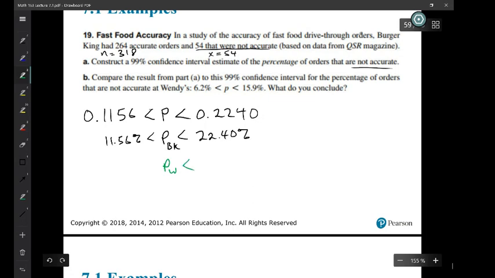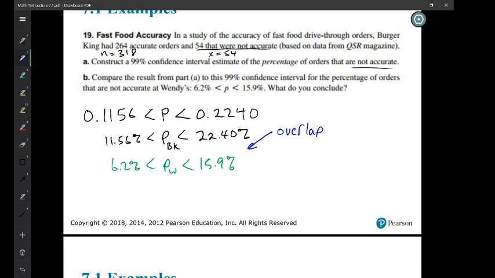The proportion of non-accurate Wendy's orders, we can be 99% sure, is greater than 6.2% and less than 15.9%. But notice there's overlap here. So it may be that Burger King and Wendy's have the same amount of non-accurate orders. So it's too close to call.